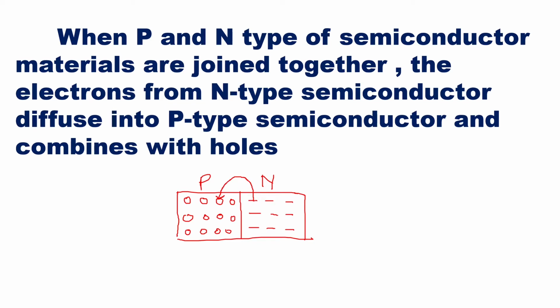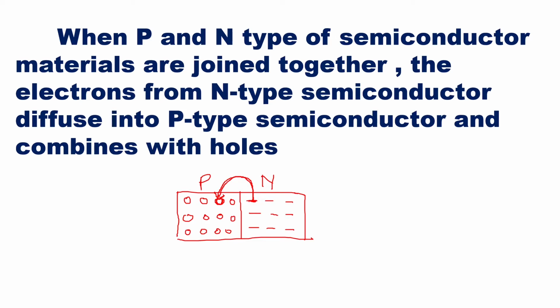This negative charge electron will move into the P-type semiconductor, and that movement is called diffusion, and there it will go and combine with this positive charge particle, the hole. Clear? This is the first movement for the explanation of majority charge carriers movement, that is, electrons will go into P-type semiconductor and holes from P-type semiconductor will move or diffuse into the N-type semiconductor.